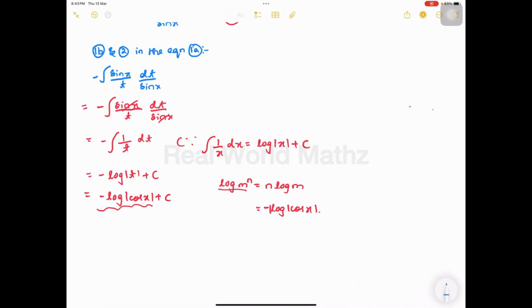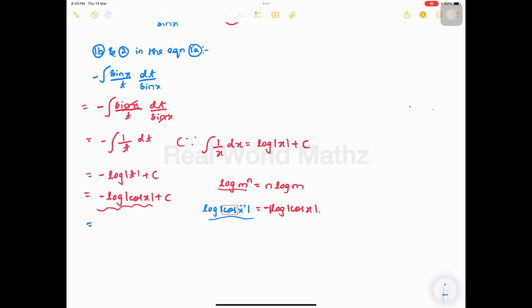Log mod cos to the power of minus 1, same. But over here we won't call it minus 1 particularly, we'll call it cos inverse x. So can I replace it with this expression? Yes. So instead of minus log mod cos x, I'll be writing log cos inverse x.